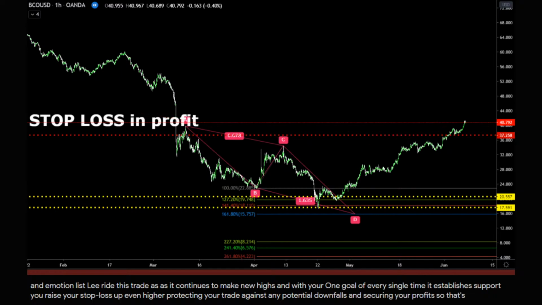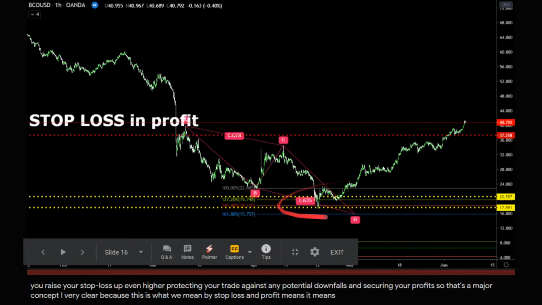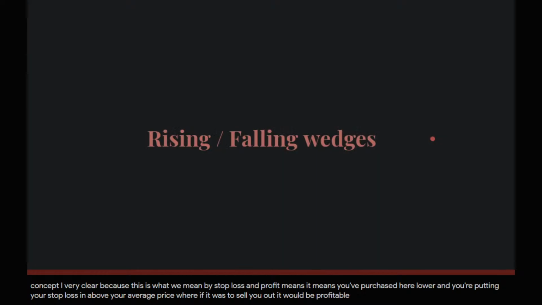So that's a major concept. I just wanted to make sure it was very clear, because this is what we mean by stop loss and profit. It means you've purchased here lower, and you're putting your stop loss above your average price, where if it was to sell you out, it would be profitable basically.